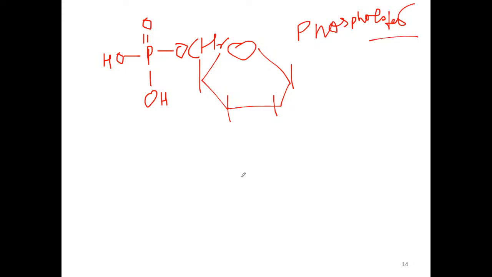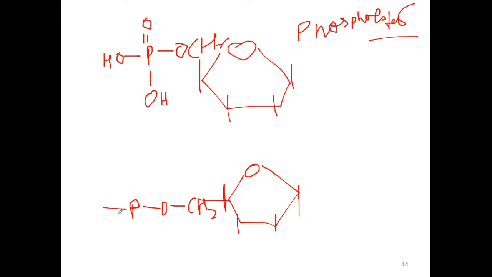But once you have one sugar, in this CH2, O, P, double bond O, just draw in your copy if you can, OH, and here another sugar group will be there.